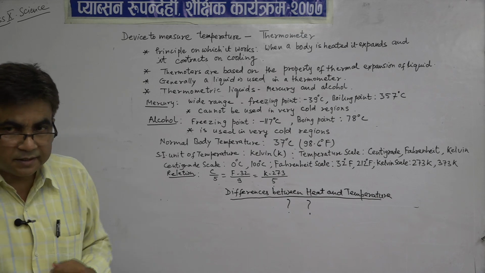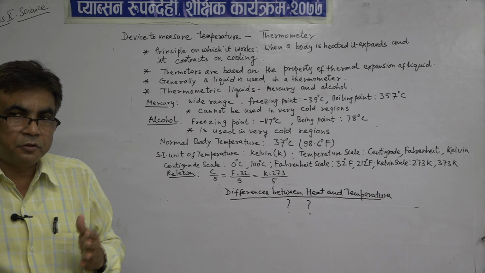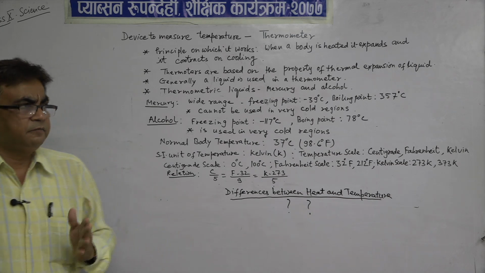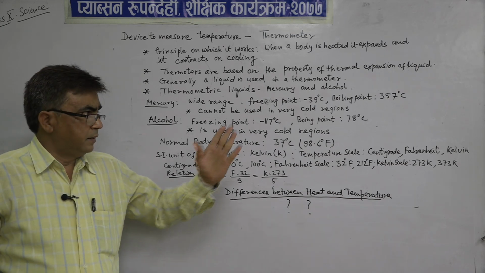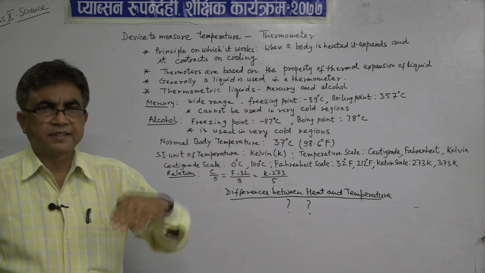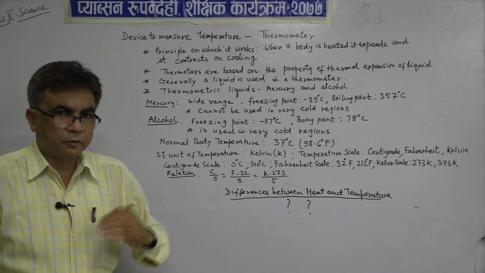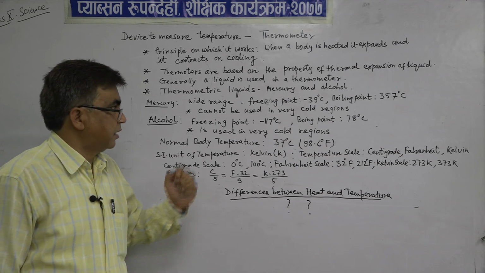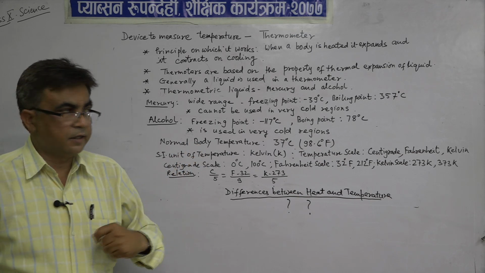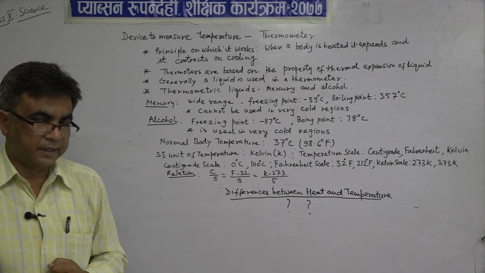Sometimes a question can be asked: why can mercury not be used in very cold regions? The very simple answer: in the regions where the temperature goes below minus 39, a mercury thermometer cannot be used because the freezing point of mercury is minus 39 degrees centigrade.